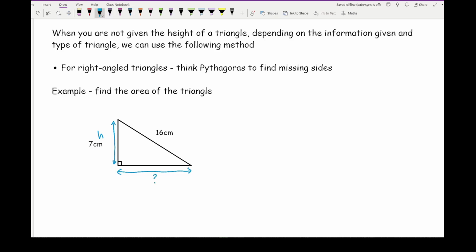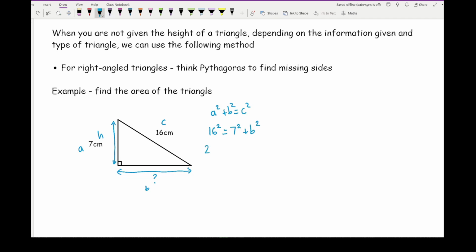Now using Pythagoras, the first thing we can do is label the sides A, B and C, and then using this formula, a squared plus b squared equals c squared, that's Pythagoras' theorem, and substituting the values I've got 16 squared equals 7 squared plus the base squared.